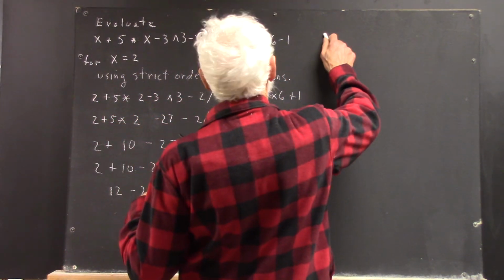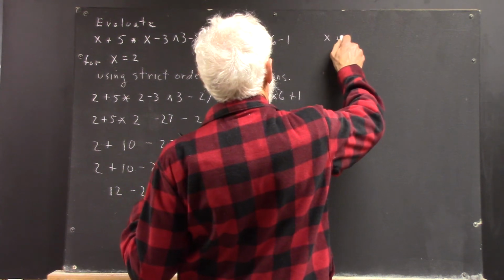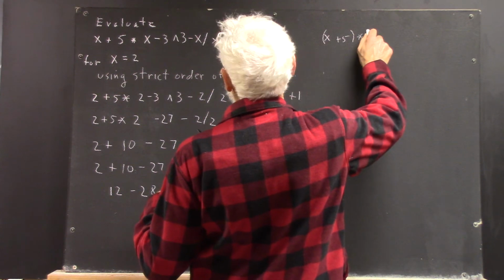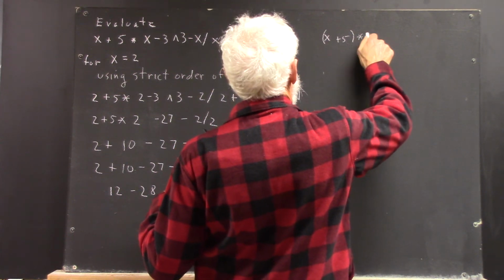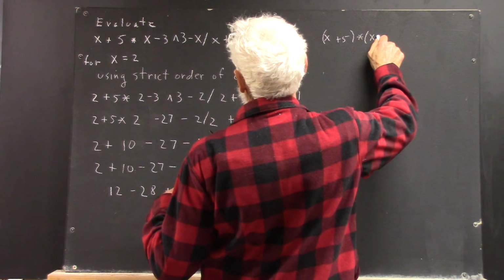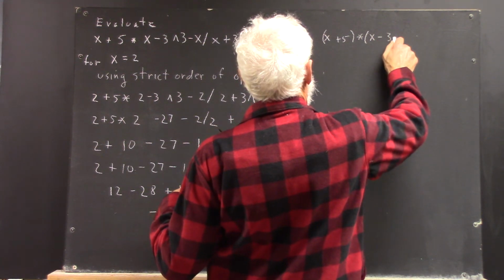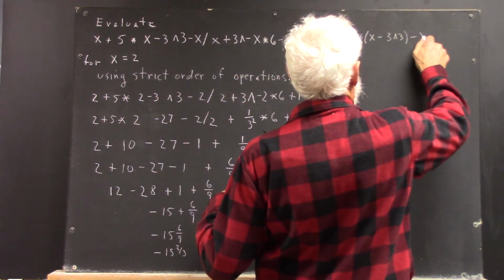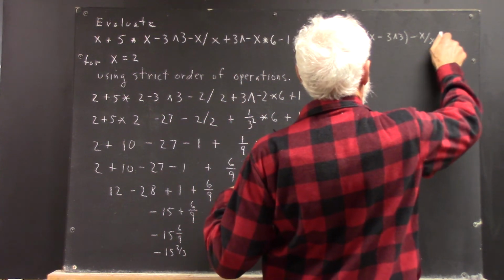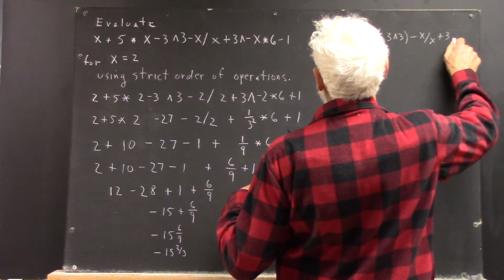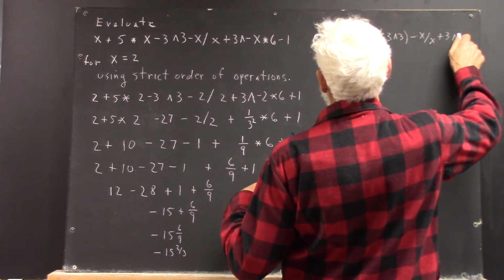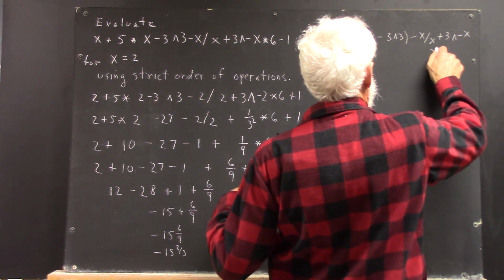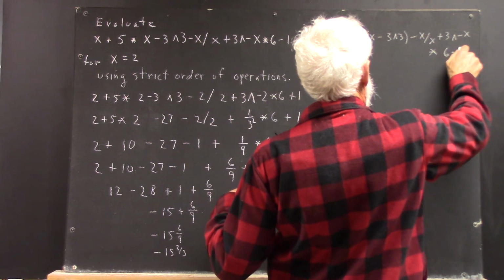So if the expression was 6 or x plus 5 times x minus 3 to the third minus x over x plus 3 raised to the negative x, I ran out of room, but I'm going to do it here, times 6 minus 1.